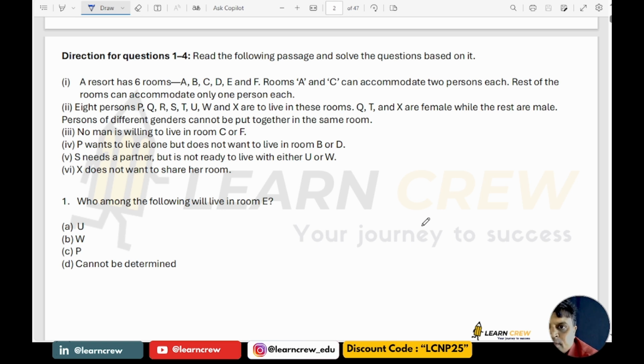First one. See here, a resort has 6 rooms, A, B, C, D, E, and F. How many rooms does it have? 6 rooms.